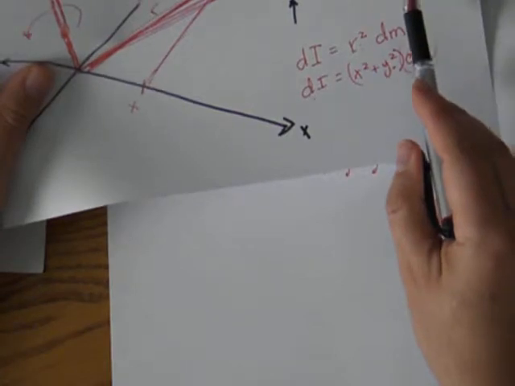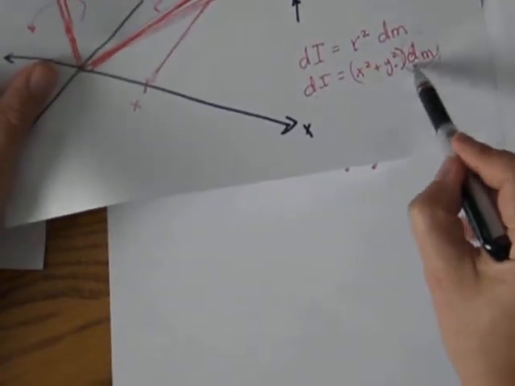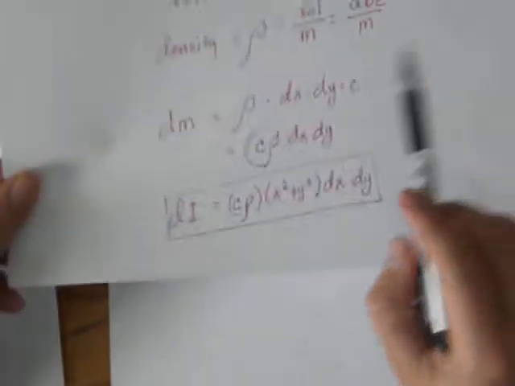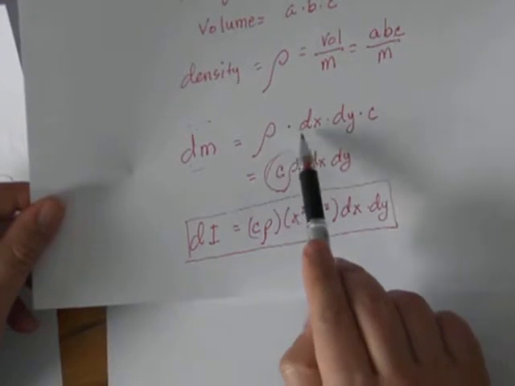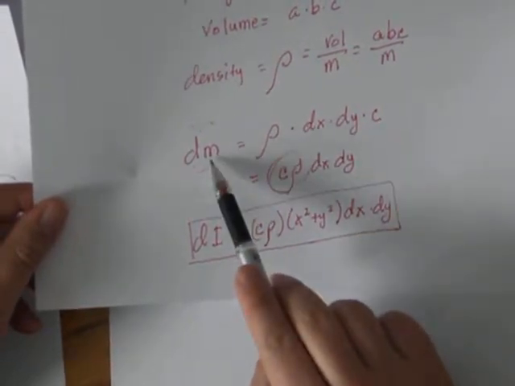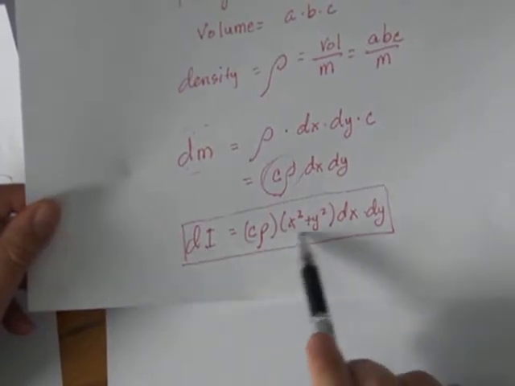I'm going from the definition through the geometry of our problem, substituting in the variables, figuring out what the actual mass of our dm was by figuring out the density, and then the density times the volume of our infinitesimally small mass, and then plugging it back in to our inertia equation.